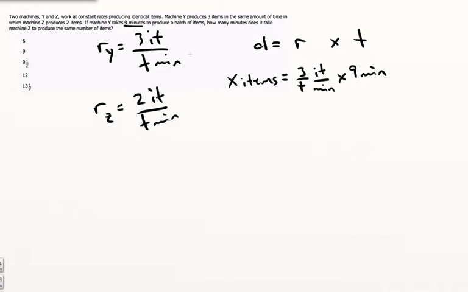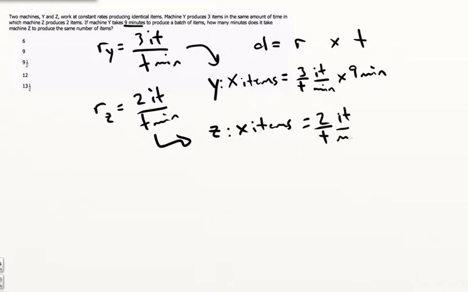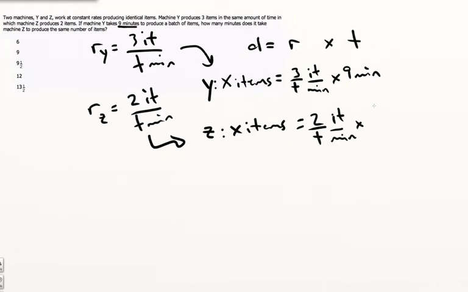And this, of course, is the rate for Y. So we'll just say for Y we have this, and for Z we have this, okay? And then this is going to produce X items in 2 over T items per minute time. And then what we don't know is the time that it's going to take Z to produce the same number of items. That's T sub 2, we'll call it, minutes.